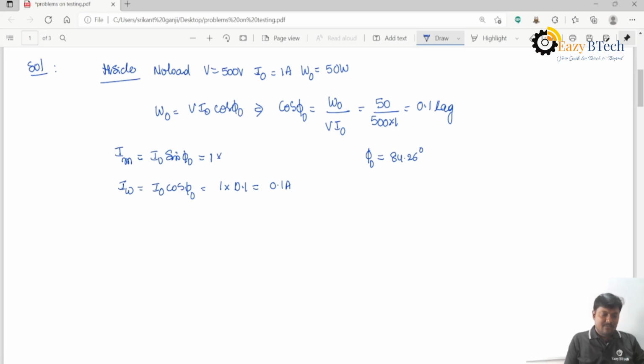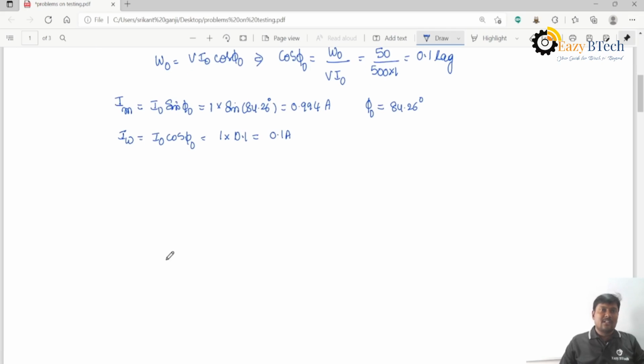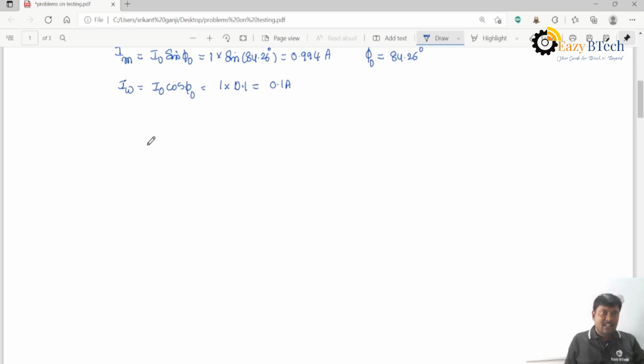So 1 into sine of 84.26, I got it as 0.994 amperes. So we are calculating the Im and Iw.